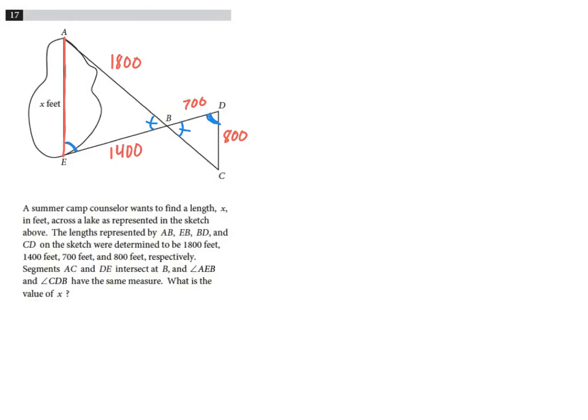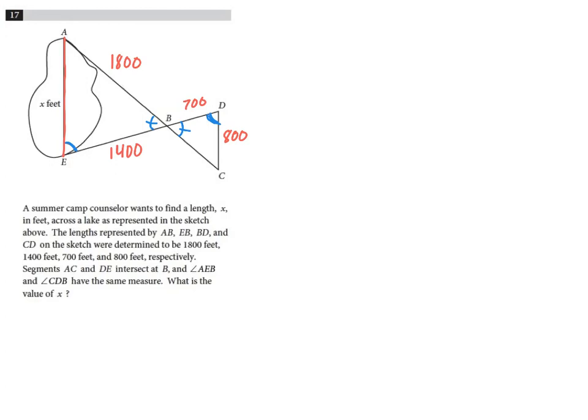Therefore, two triangles that share two congruent angles, the third must also be congruent, and the triangles must be similar. If the two triangles are similar, then the side lengths are going to be proportional. So we just have to figure out what side corresponds to what side.